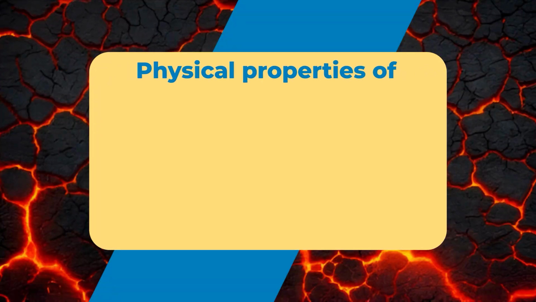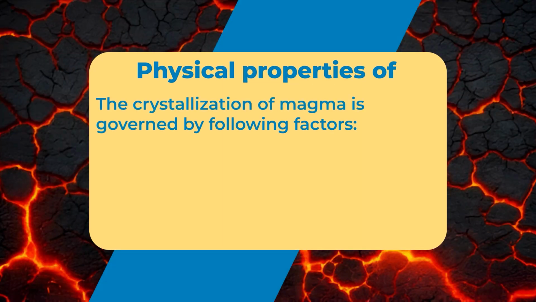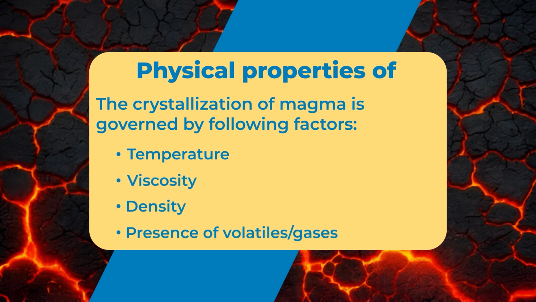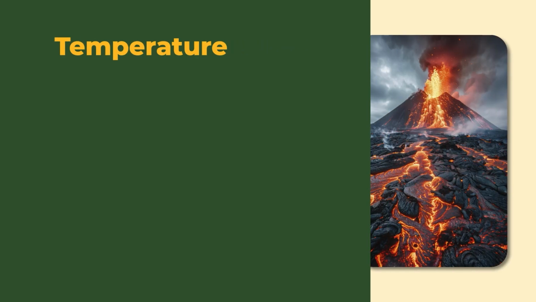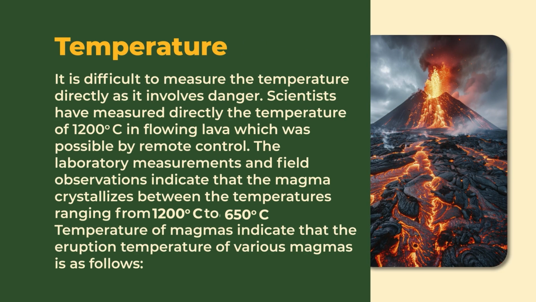Now let us come to the physical properties of magma. The crystallization of magma is governed by the following factors: temperature, viscosity, density, and presence of volatiles or gases. Temperature. It's very difficult to measure the temperature directly because it involves a lot of danger.